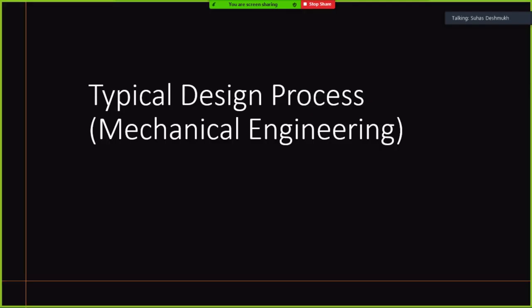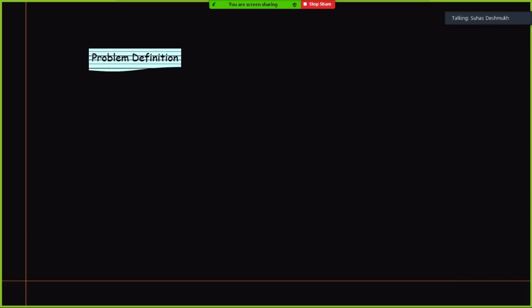So basically, a typical design process, and I'll discuss mechanical engineering. The same procedure will be applicable for the rest of the places. Basically, it starts with a problem definition. Problem definition means we are going to define what exactly the problem is.